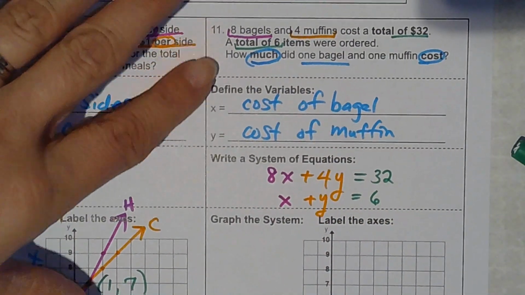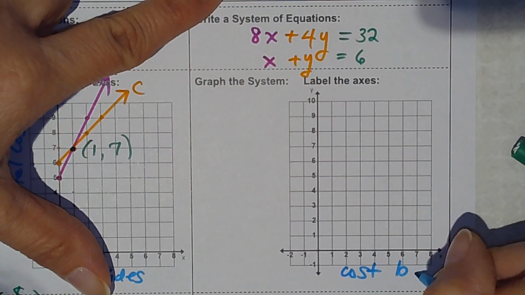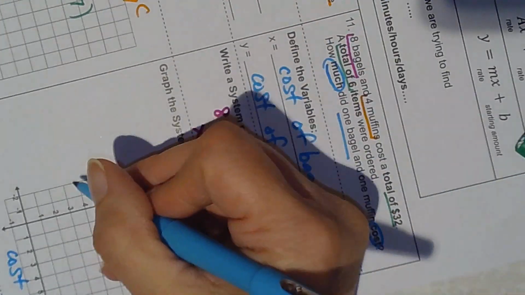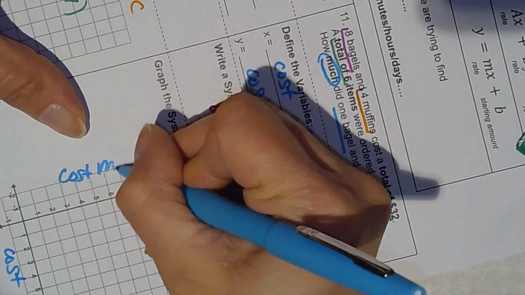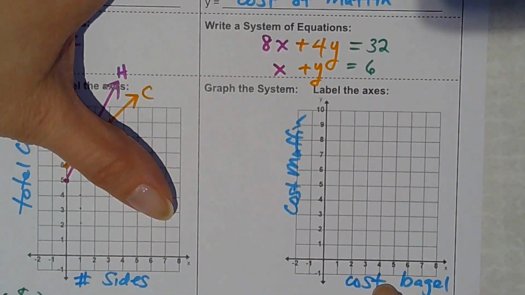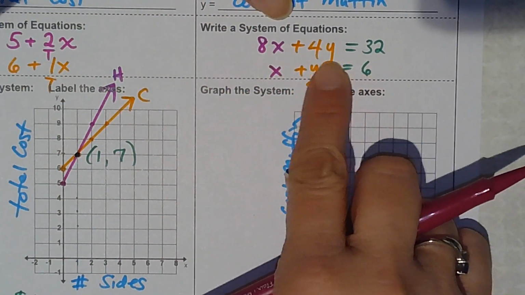Let's go ahead and label our axes. X is going to be cost of the bagel. And your y is cost of muffin. The cost of the muffin. And I want to see where they intersect so I can answer this question. The first equation is in standard form.